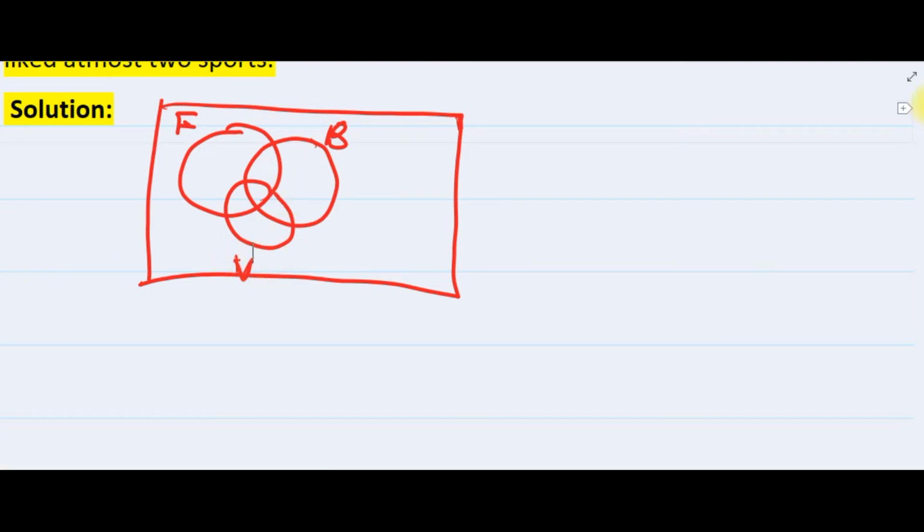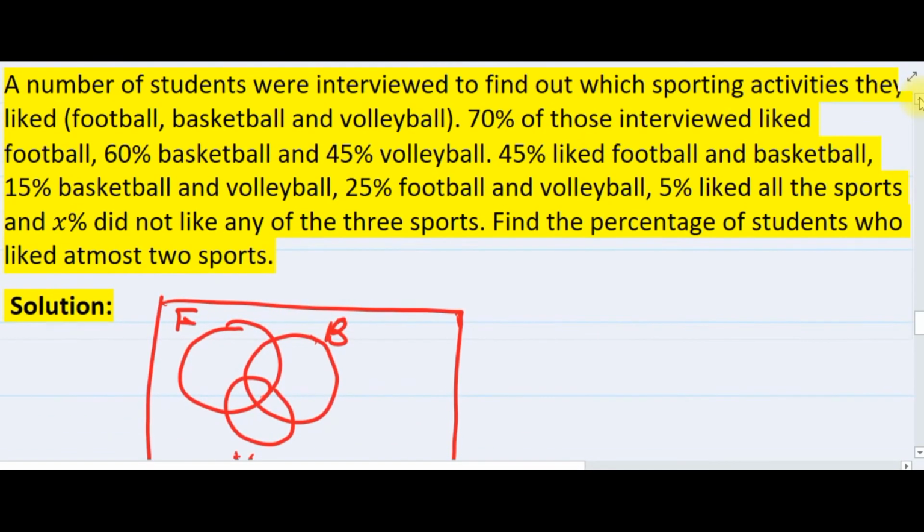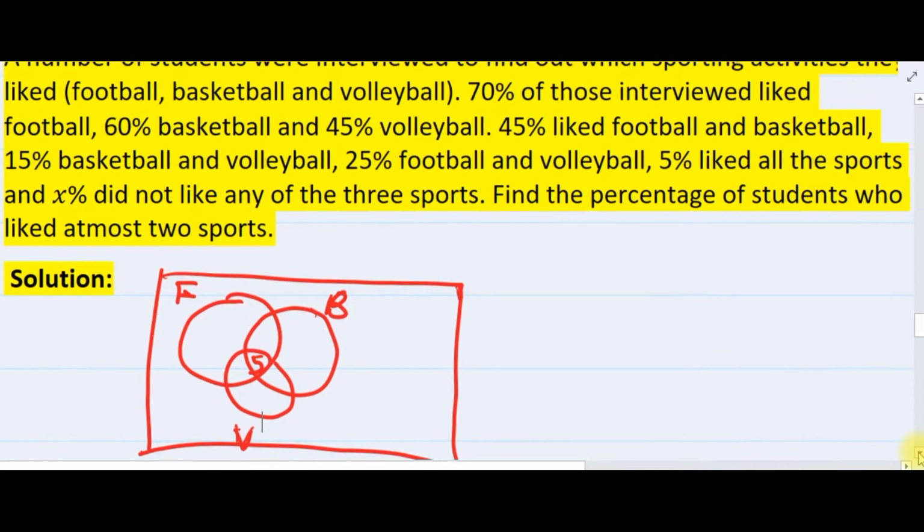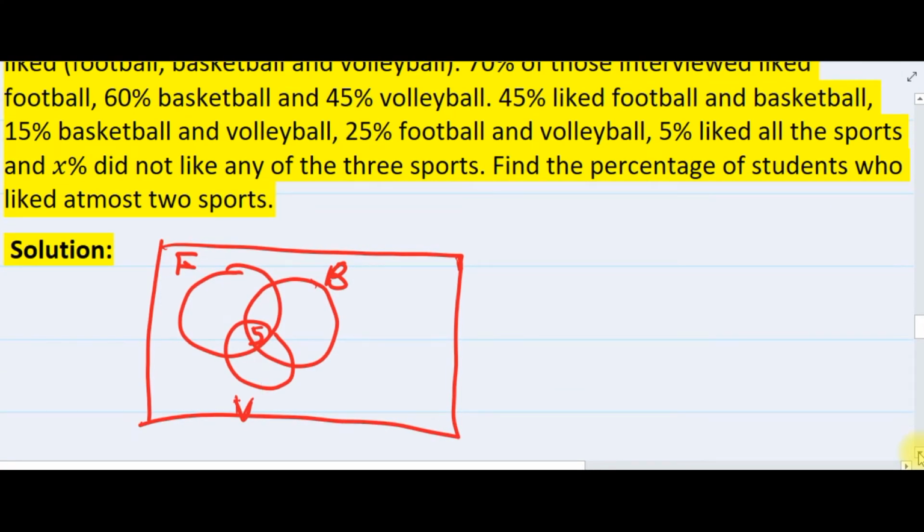Let's start from the back: 5 like all the 3 sports, so what we have here is 5. Then 25%. Remember, we're dealing with percent, so no need of writing percent. 25 football and volleyball. Remember, they did not say only football and volleyball. So while reading any Venn diagram question, remember to check whether there is "only".